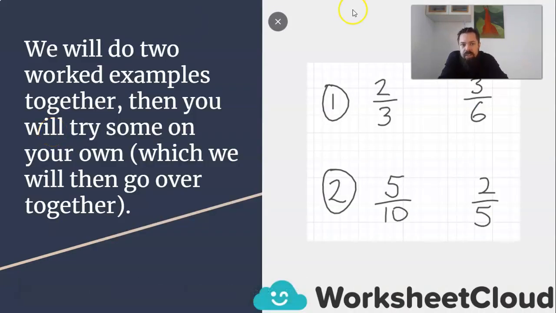Right, so we're going to do 2 worked examples together on our whiteboard. These are the ones. If you'd like to write them down on your scrap piece of paper and do them together, then yeah, let's do that.